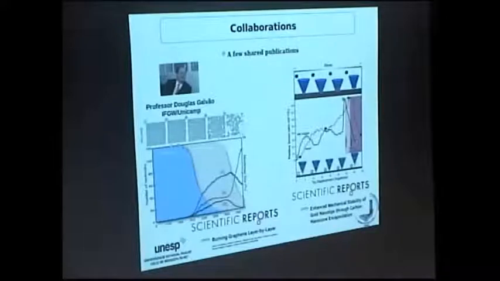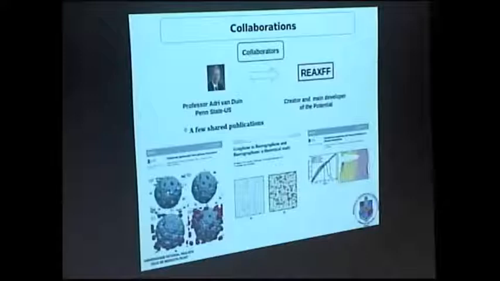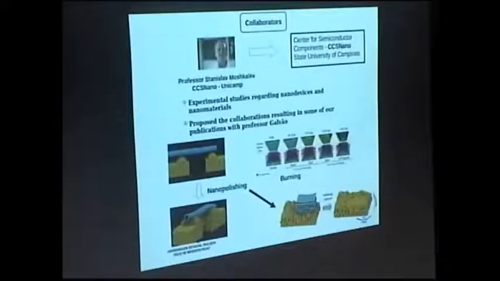Here, some protection of metal nanocones using carbon nanocones, and the unzipping of carbon nanotubes, and some other stuff here. Here are some works in collaboration with Professor Van Duin. I will discuss a little bit of some of them. And other collaborators, Professor Stanislav Moshkalev from Campinas.